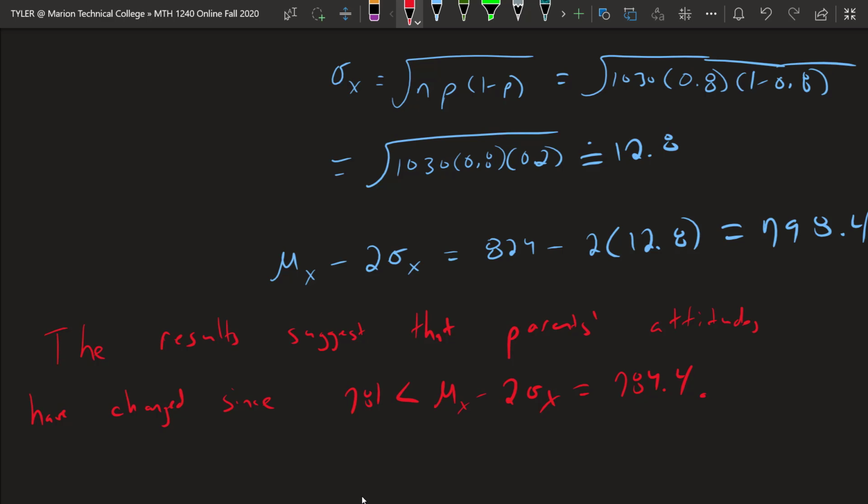Right, so in other words, that value, finding 781, is lower than we would expect to happen. So the question is, the mean must have shifted, right?